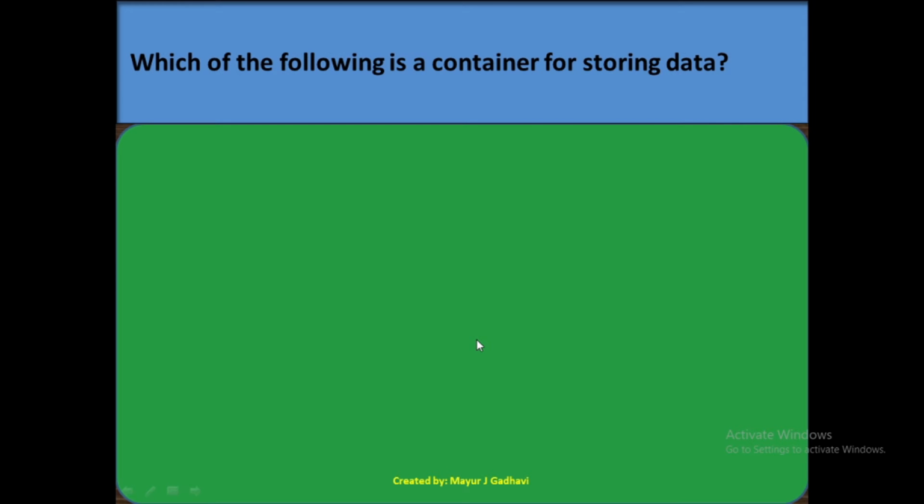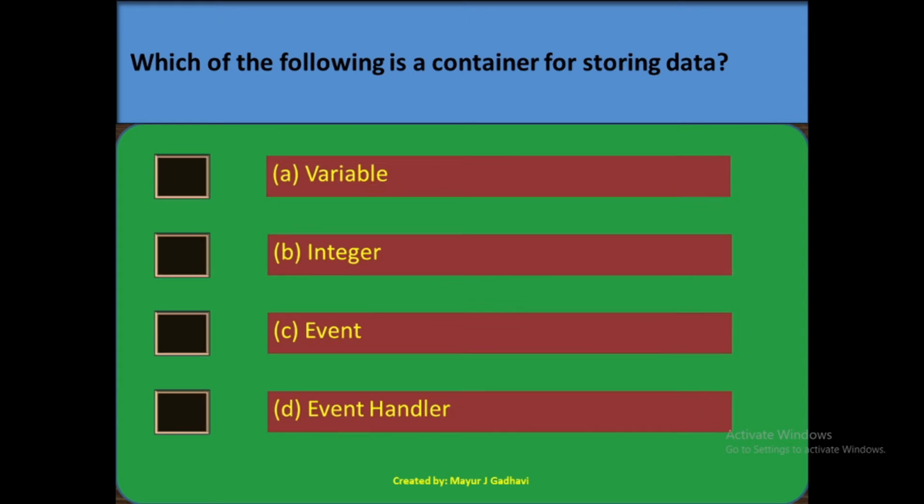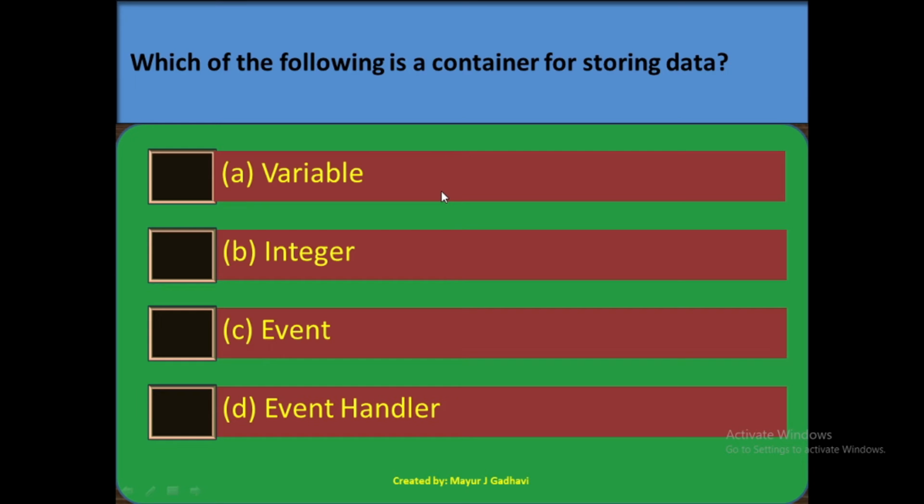Next, which of the following is a container for storing data? So if you want to store a piece of data, where you can store? Options are variable, integer, event or event handler. Well, the correct answer is variable.